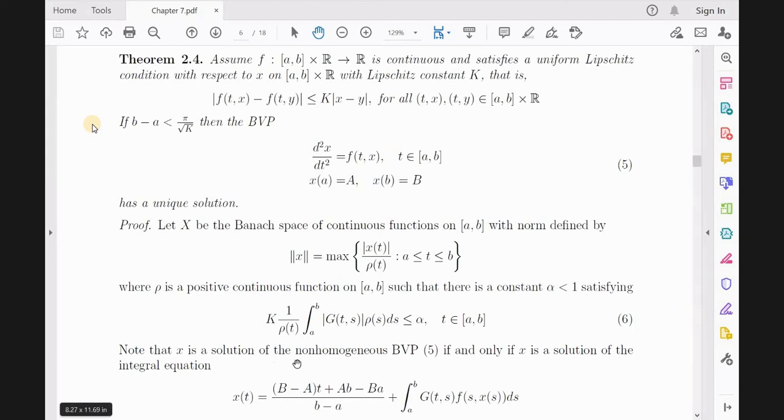So you can see x is a solution of this boundary value problem if and only if x is a solution of this integral equation.